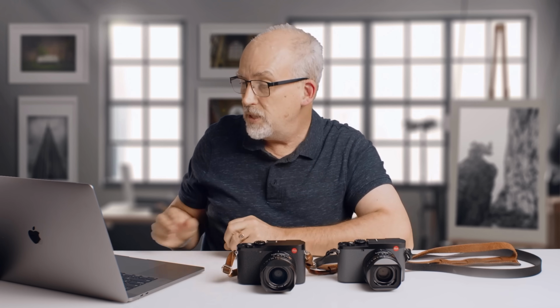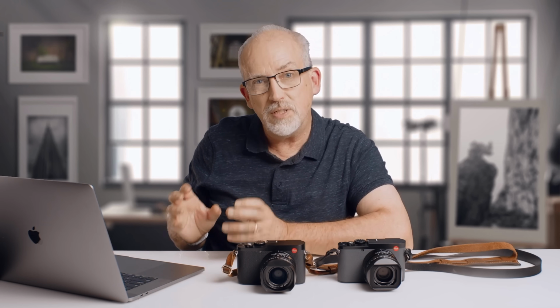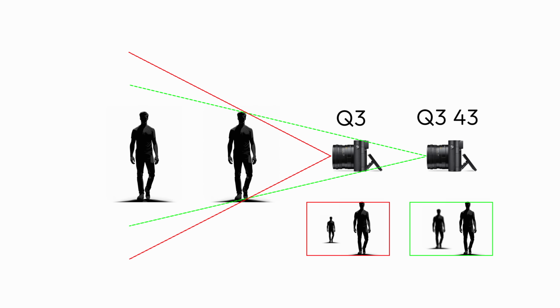Okay, now let's just talk about perspective. Here's a similar diagram to the previous one, but in this particular case, I've moved the camera's position. Okay, I've maintained the framing of the Q3-43, and if you look at the green line, you'll see that the framing is the same in that the nearer figure occupies the height of the frame, as shown by the green box image in the bottom right-hand corner of the frame.